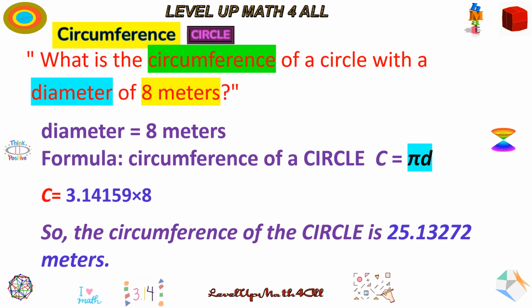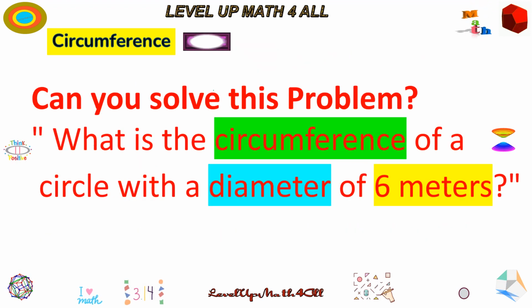When you substitute the values, pi is 3.14159 and the diameter value is 8, and the overall circumference of the circle is 25.13272 meters.